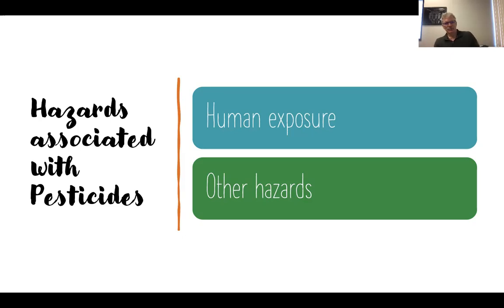You're applying to one bush or one tree, and you inadvertently hit a couple of others. Probably not going to cause a problem, but potentially there could be an issue, or it could end up at a neighbor's property. And then you have what they call chemical trespass. So you want to be very careful, very respectful in what you're doing.